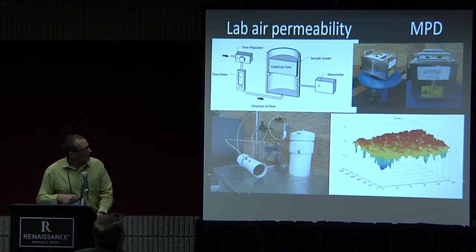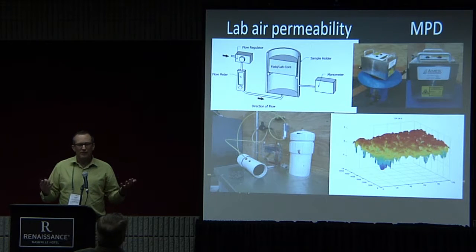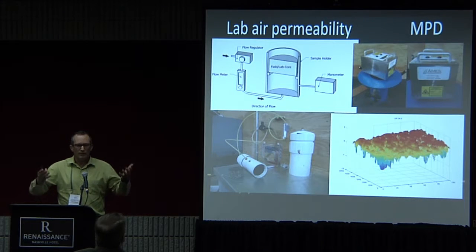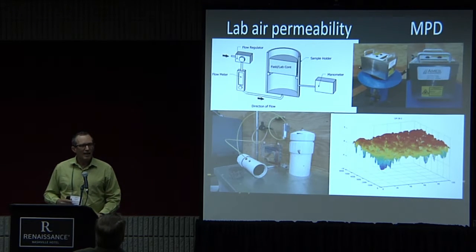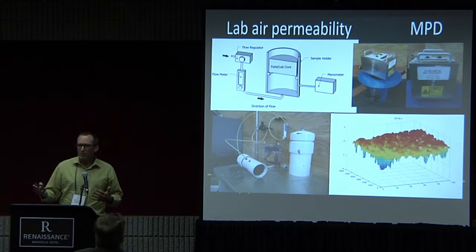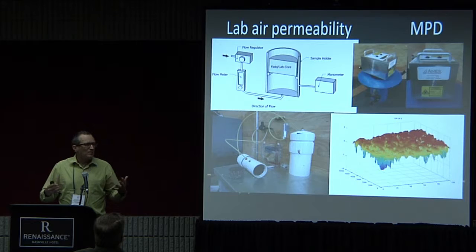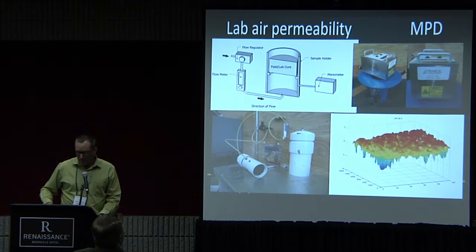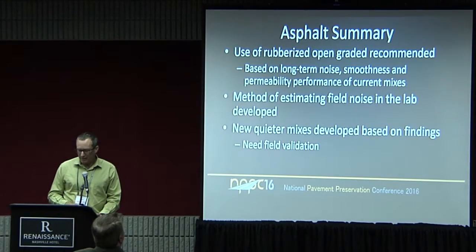So we've got an air permeability device here, and we're measuring air permeability, and basically if we can increase the air permeability, we've decreased that high frequency noise. So with air permeability and MPD in the laboratory, we think we can begin to get an idea of designing this in the laboratory and checking them.